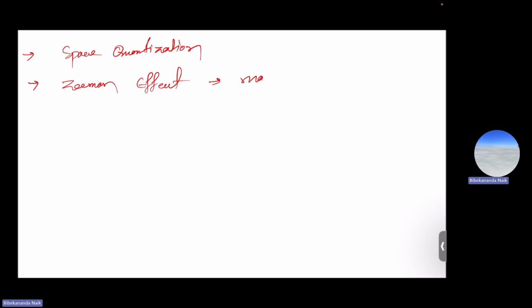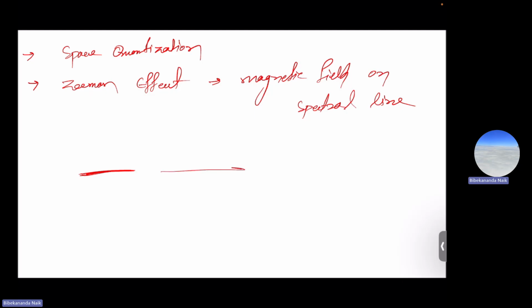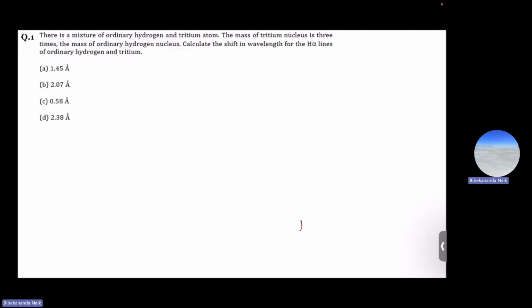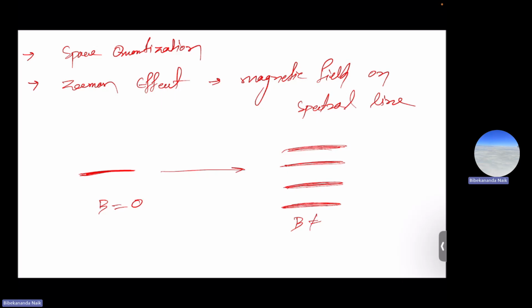Basically, the Zeeman effect is the effect of a magnetic field on spectral lines. In the presence of a magnetic field, a single spectral line gets split into a number of spectral lines. This is B equal to 0, this is B non-zero. So we will solve a few problems covering these concepts.